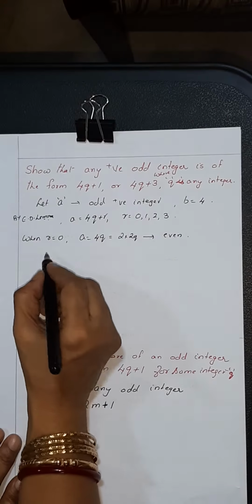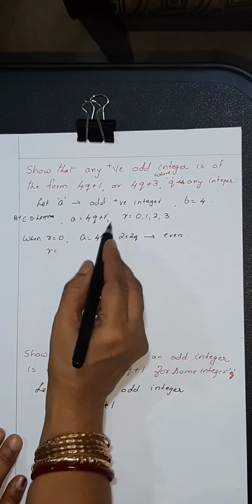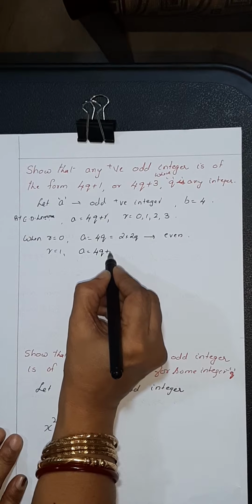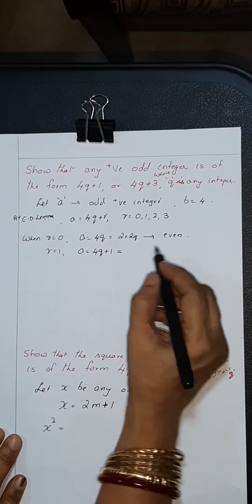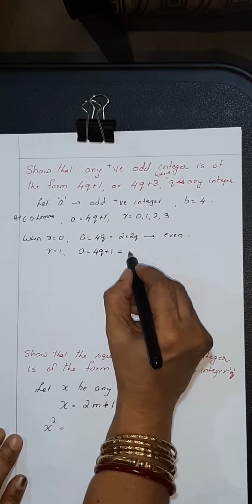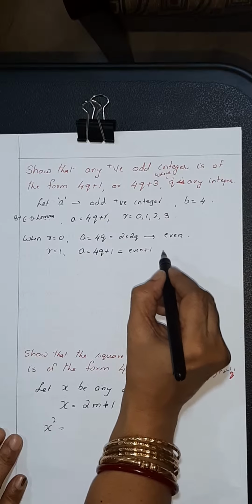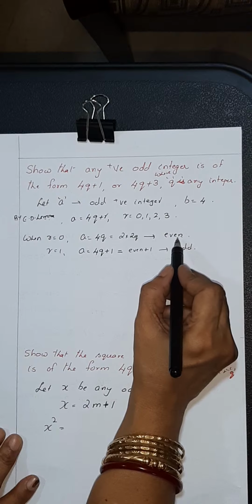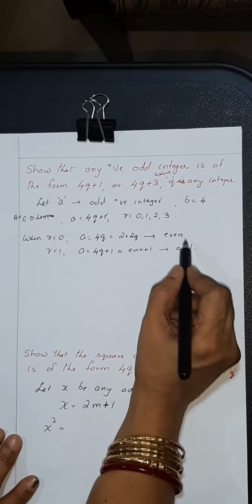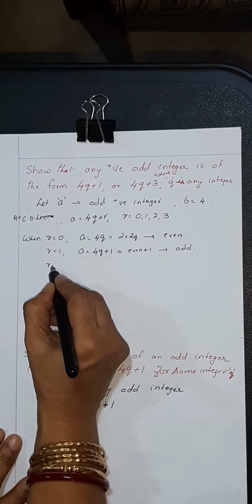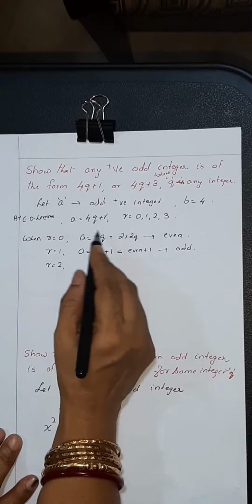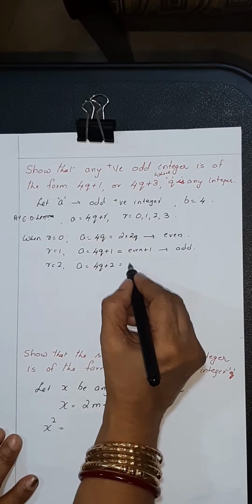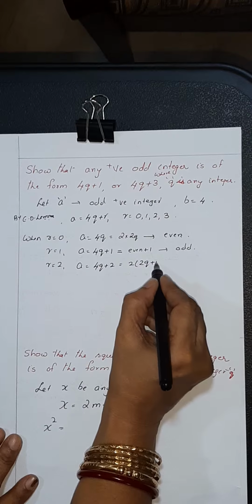Now, when r is equal to 1, a is equal to 4q plus 1. 4q is even, so even plus 1 you will get an odd number. If you add 1 to an even number, the next number is an odd number. When r is equal to 2, a is equal to 4q plus 2, that is equal to 2 into 2q plus 1.